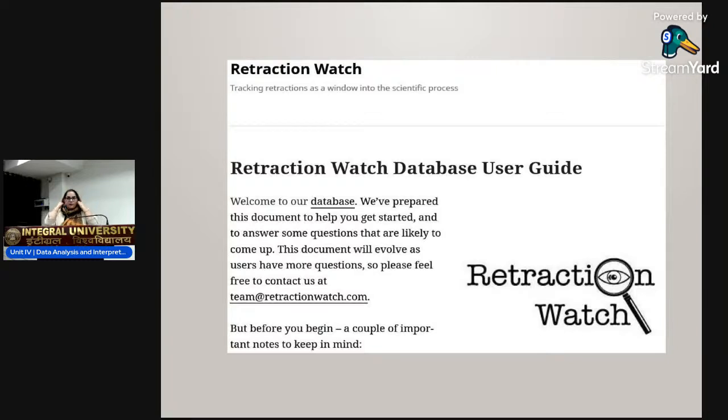So then we have another database which is called Retraction Watch. We have a similar kind of citizen-run body in India. It's called IRW. I'm forgetting what the I stands for, Integrity Research Watch or India Research Watch, but in India we call it IRW.